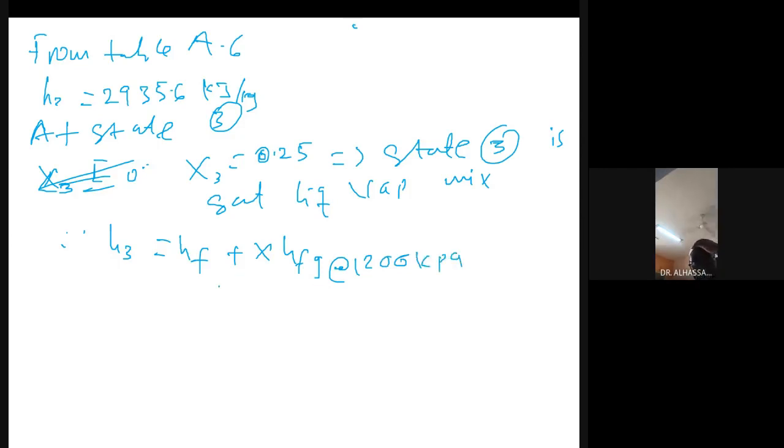Now HF from the property table gives you 798.33 plus 0.25 times 1985.4.